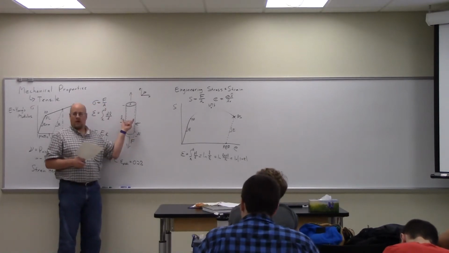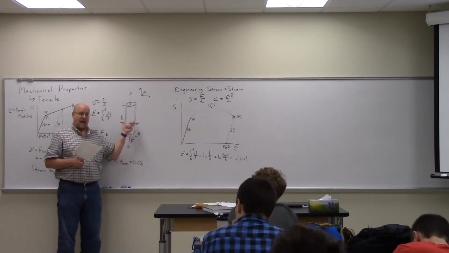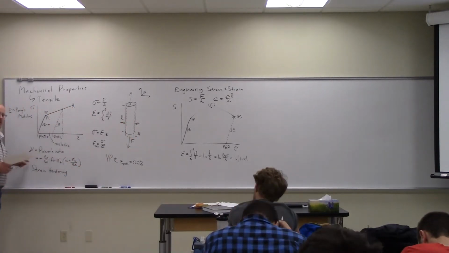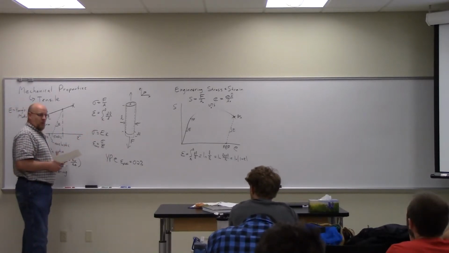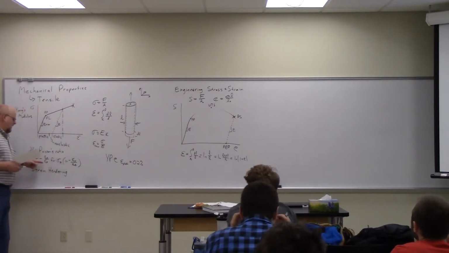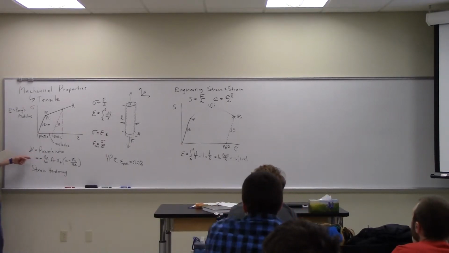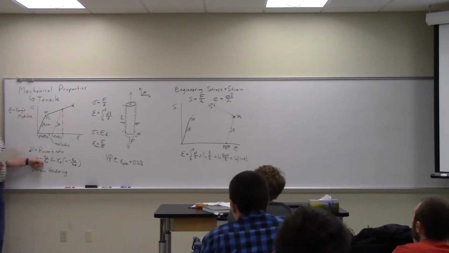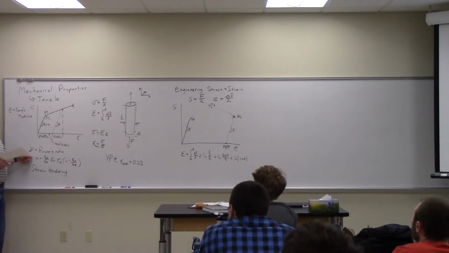If I put a micrometer on here and measure the horizontal, I can get the epsilon X. If I measure the Y, I get the epsilon Y. So if I can get epsilon X and epsilon Y, or for that matter, if I just measure EZ this way, and I know what Poisson's ratio is for that material.